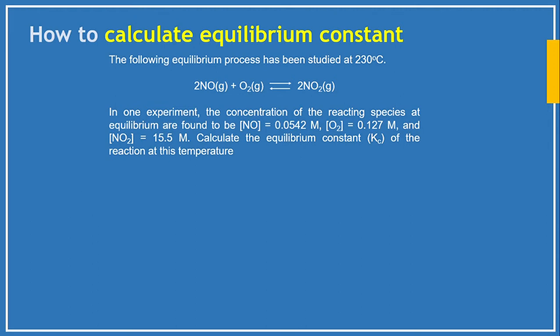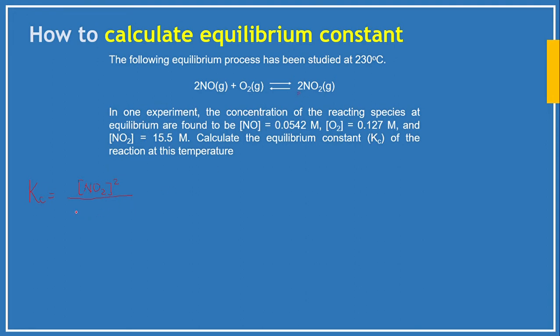So, the first step is you write the equilibrium constant expression. So, Kc is equal to, okay, so wala tayong may exempt dyan dahil lahat naman sila ay gas. So, we have NO2 squared dahil sa stoichiometric coefficient niya na yan.